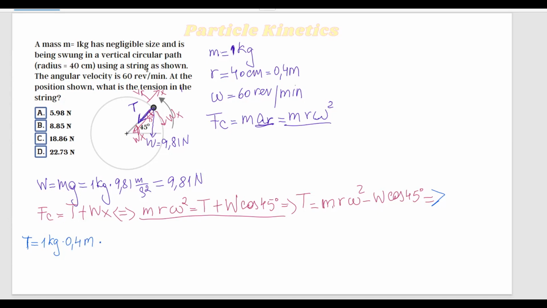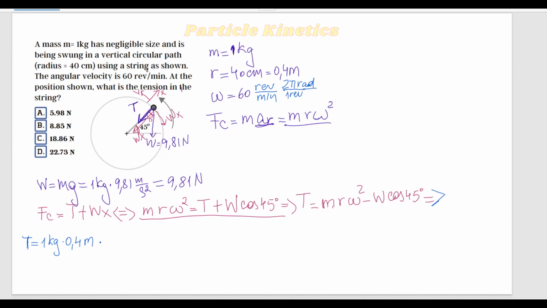multiplied by omega squared. Now, omega is given in revolutions per minute. We're going to have to transform revolutions per minute into radians per second. Remember how much is one revolution? One revolution is actually 2 pi. It's one complete circle. So in order to transform revolutions into radians, we are going to say that one revolution equals 2 pi radians.